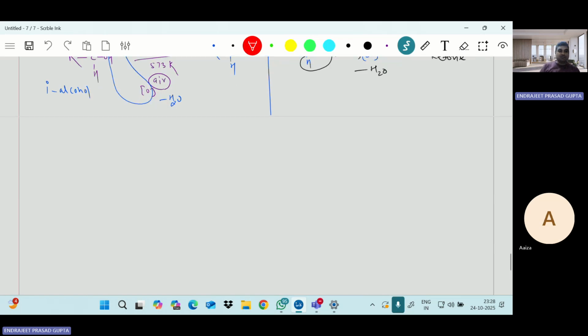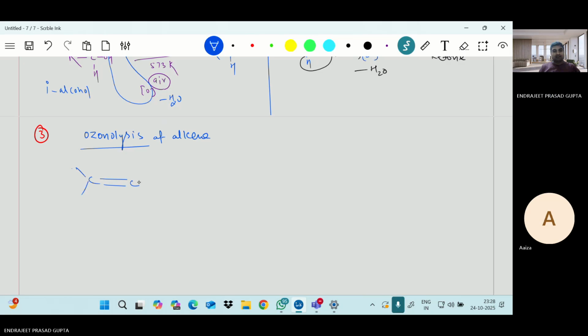Now the third method, which is also about oxidation, is ozonolysis of alkene. When we talk about alkene, it always has a double bond. An alkene reacts with ozone in the presence of zinc.